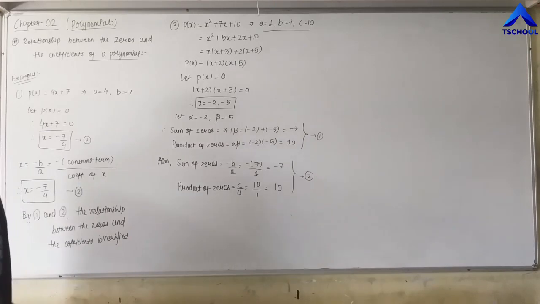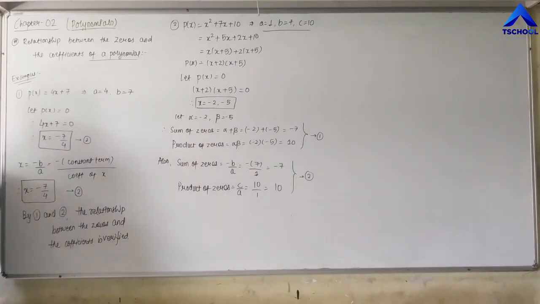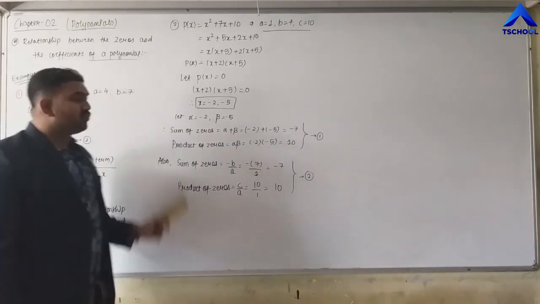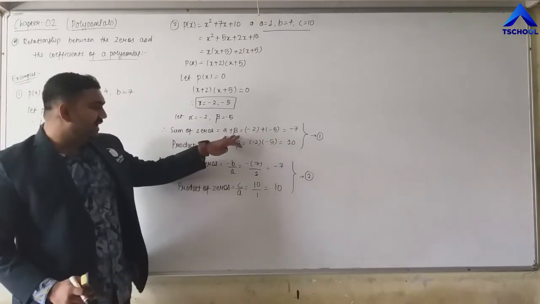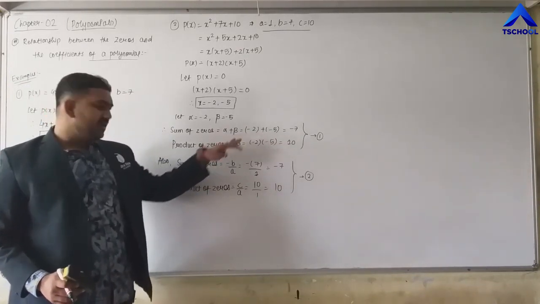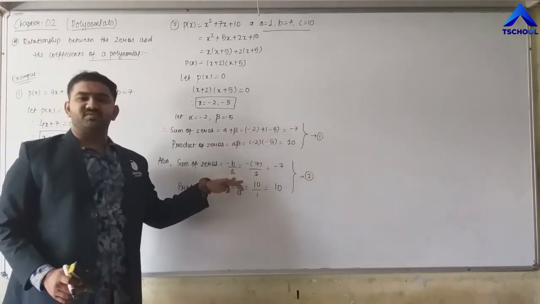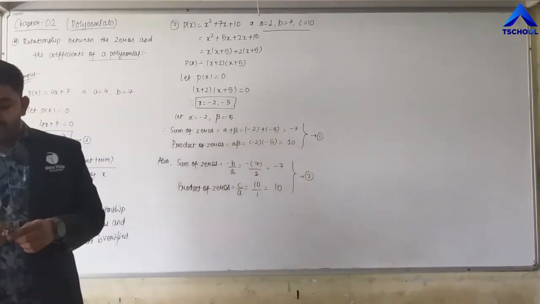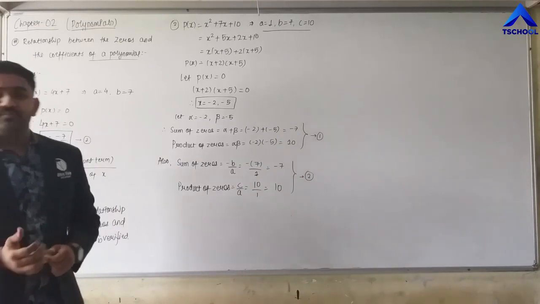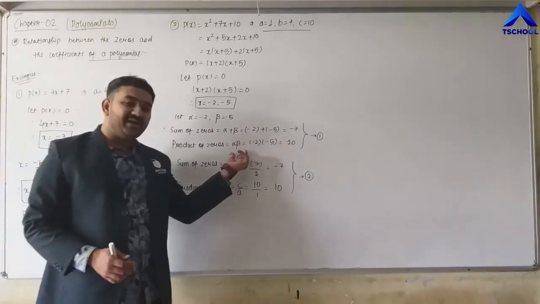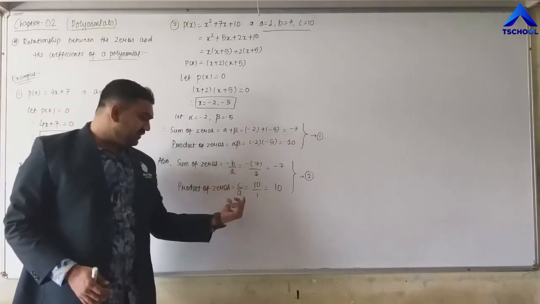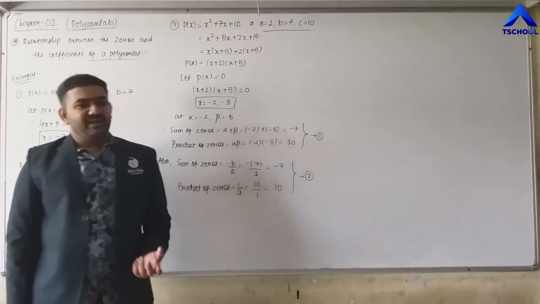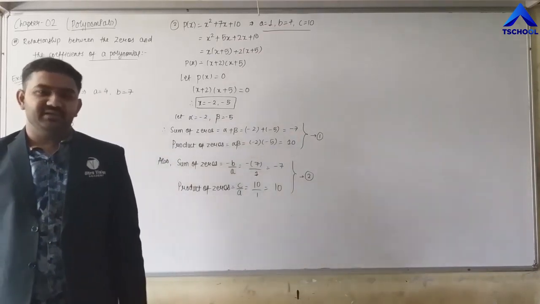If you see here clearly, the sum of the zeros in both the cases, that means if I directly add them, alpha plus beta, and if I get it by minus b by a, I shall get the same value, minus 7. And the product of zeros also in both the cases, if I multiply them directly, alpha into beta, or if I write it c upon a, again I shall get the same value, that is 10.